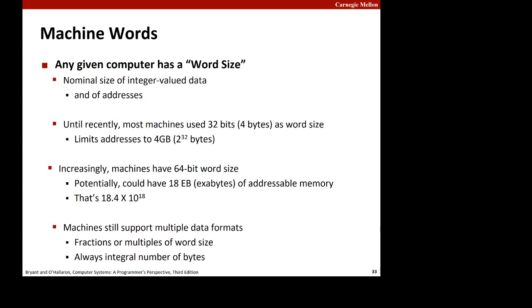Even phones nowadays are mostly running 64-bit processors. And what that means is, in principle, an address can be as many as 64 bits. And that would give you an address range of something bigger, like 10 to the 19th bytes, which is a lot of bytes, by the way, an exabyte.